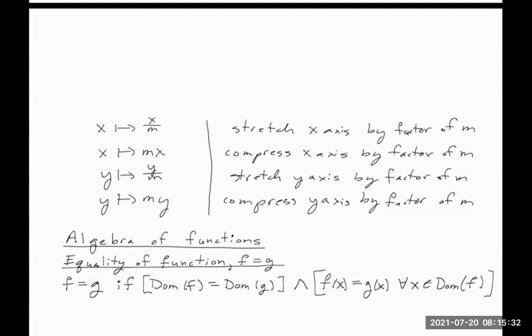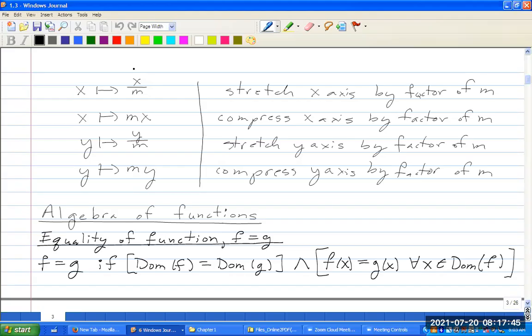If you replaced x by x over 2, then you would stretch your x-axis by a factor of 2. You would double, you would change your scaling by x over m. Then I will stretch. Notice, since I'm dividing by m, I will stretch.